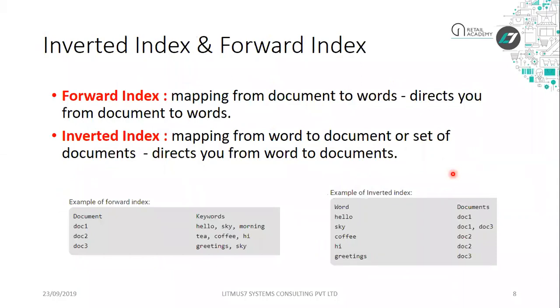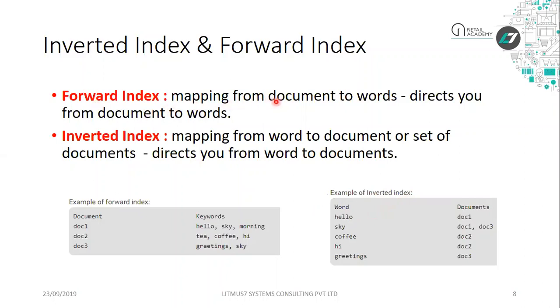To learn about search engines, we just need to understand two main concepts: the inverted index and the forward index. If you have a document and you want to find the data that is inside the documents, you can either look into the forward index, or you can look into the inverted index.